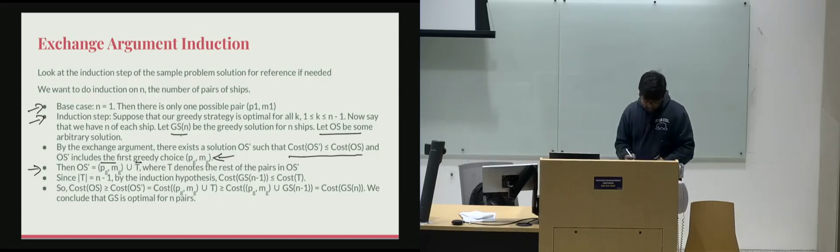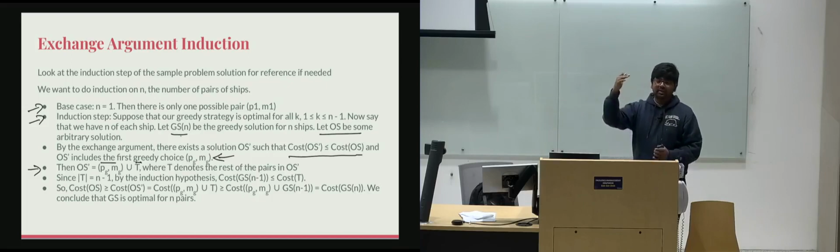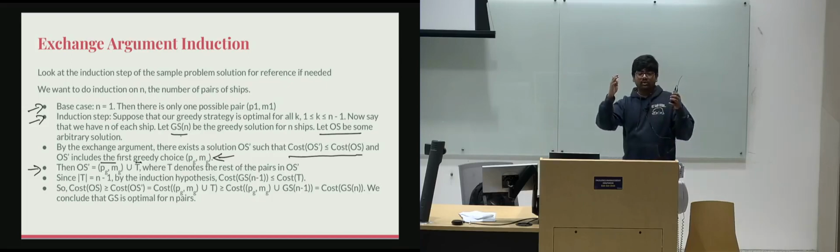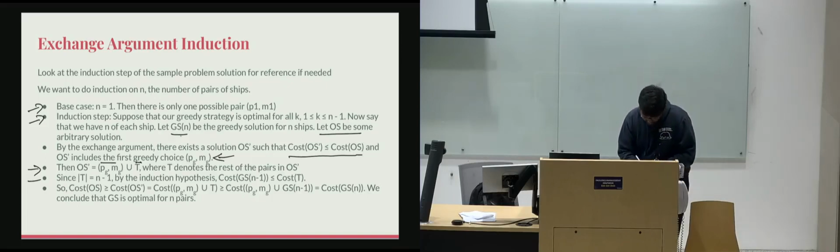Now we are going to use our induction hypothesis here, the thing that we assumed was true for all k less than or equal to n minus 1. So we are saying that the cost of GS of n minus 1 is always going to be less than or equal to the cost of T, because that is what we have in our inductive step.